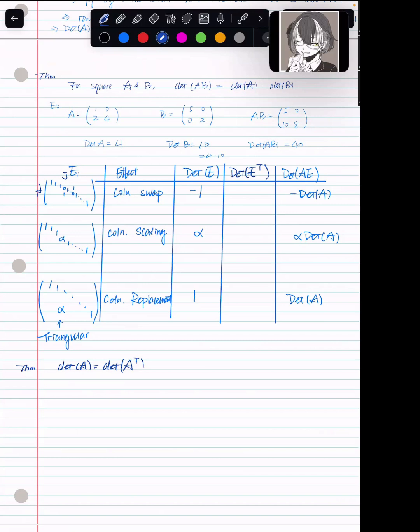So the transpose and the original matrix do not change, so the determinant stays the same.